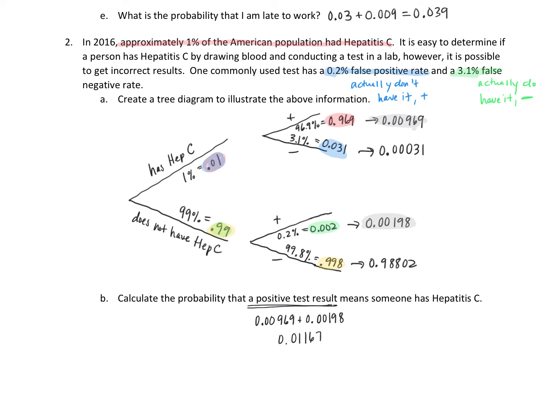Okay, now it says means someone has hepatitis C. If they have hepatitis C and they got a positive result, then that would only be the top branch. So that would be the 0.00969. So now to calculate the probability that a positive test result means someone has hepatitis C, you're going to create a fraction out of this. So this is going to be this over this.